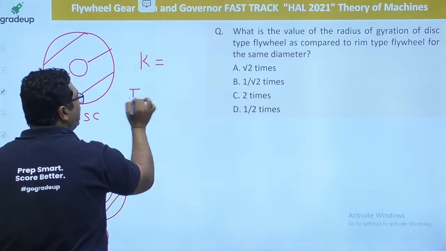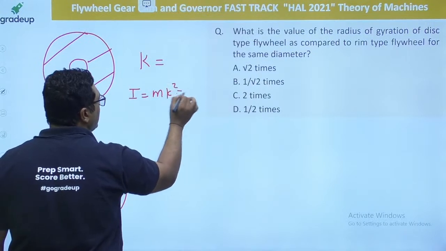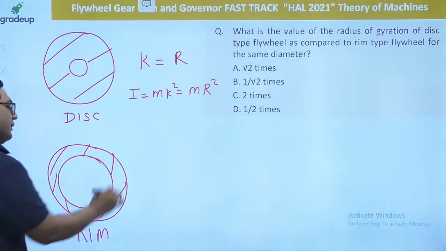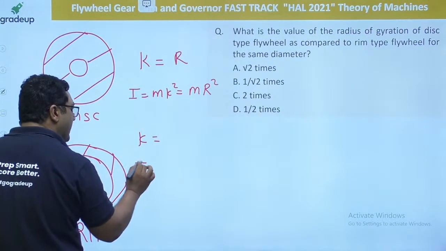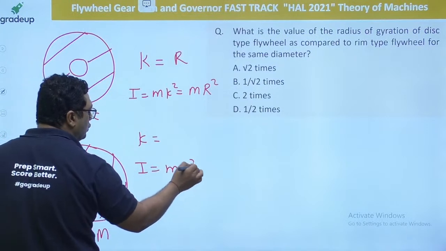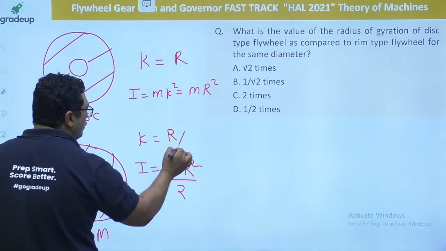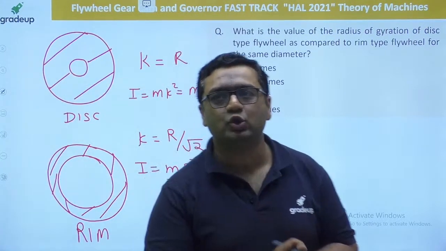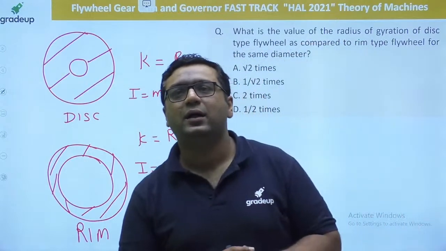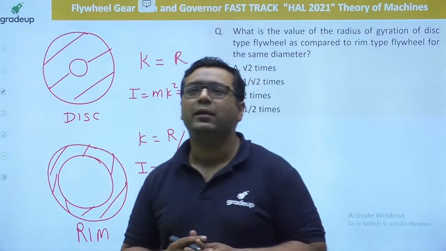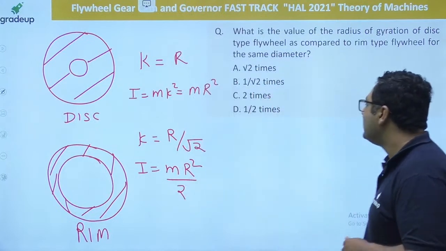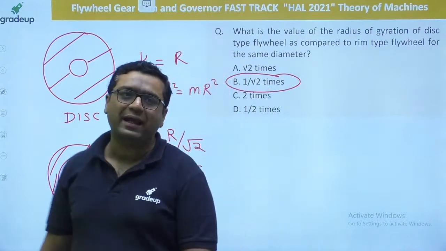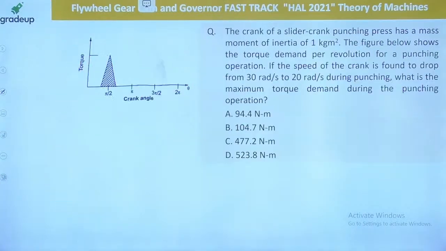Here I equals mk square, which equals mr square, so k is going to be r. And here I is going to be mr square by 2, so k will be r by root 2. Many of you have given the answer, like Aditya, Arun, E2 entertainment and Gaurav Vajpayee. The answer is going to be B. This shows your preparation is going on the right track. Let us see the next one.